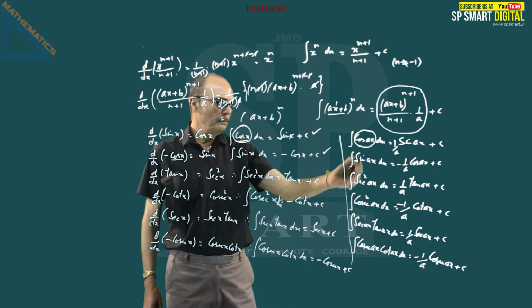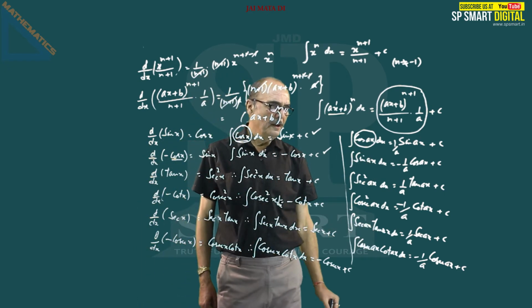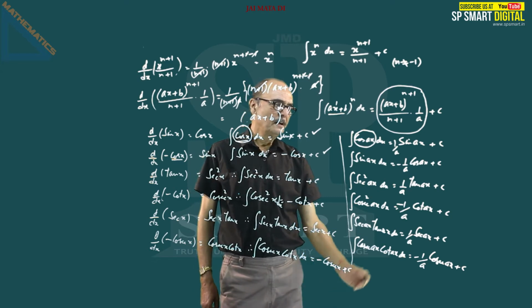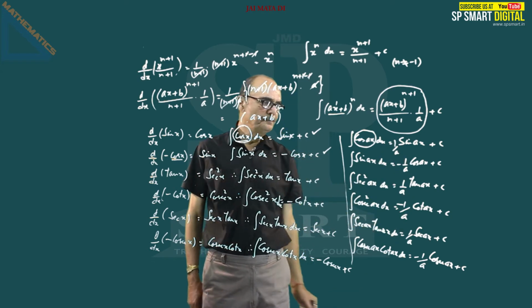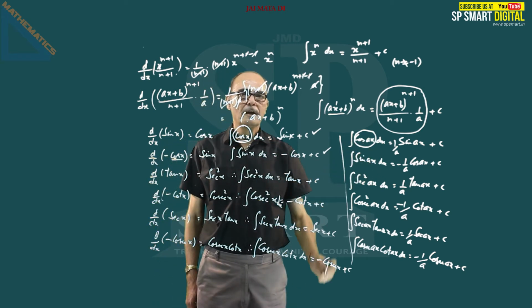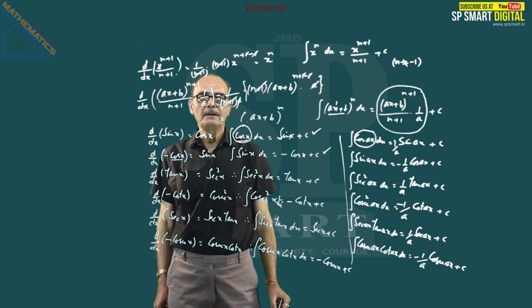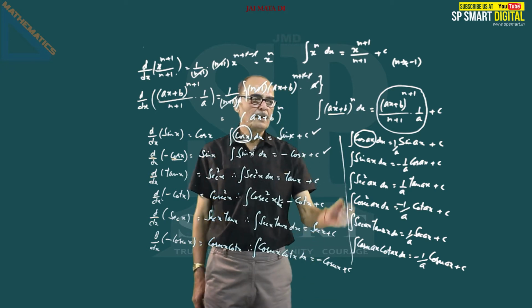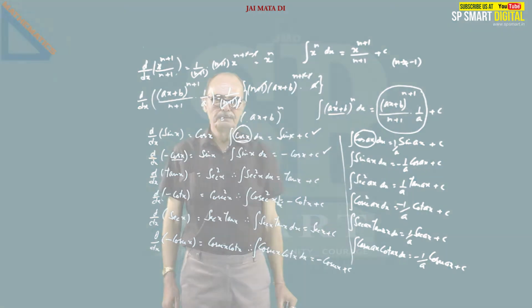Well, these will be proved later on, either by differentiating the right hand sides and obtaining this result, or by a method which we shall proceed with in the subsequent chapter as the substitution method. By that method also we shall be able to prove these results.